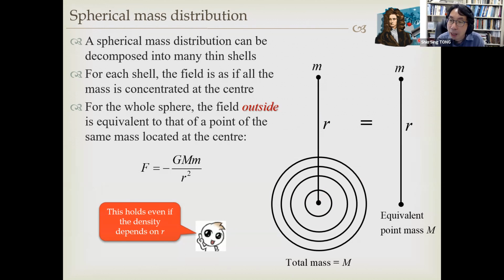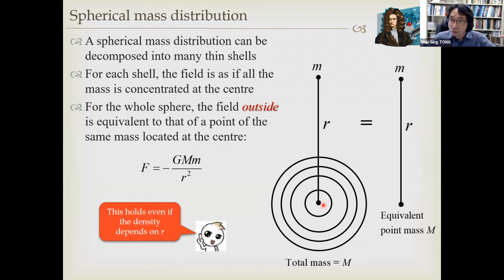If my small mass is lying outside this distribution, then all the shells will produce a gravitational field that is like a point mass at the center, because each shell produces a gravitational field just like a point mass at the center.